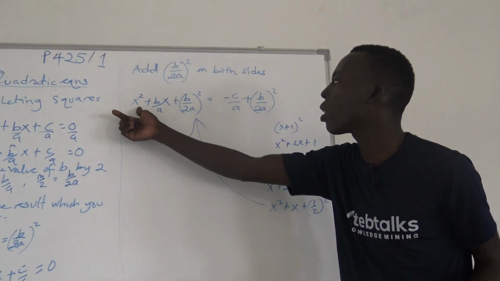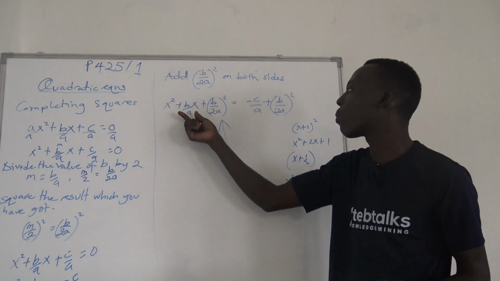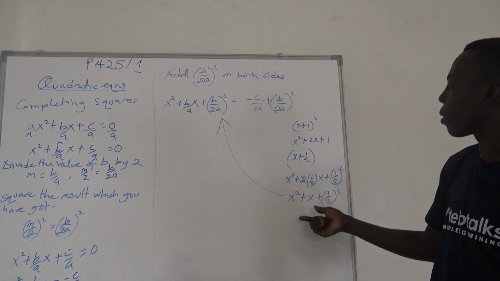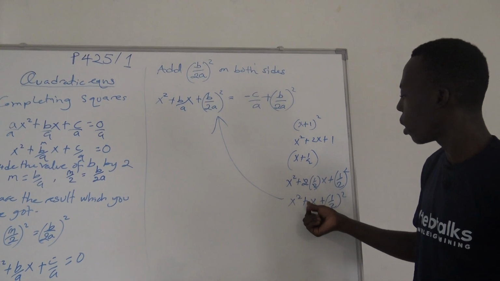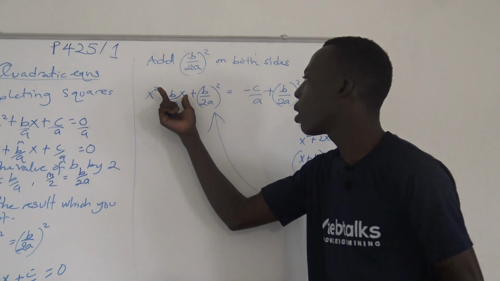So these things are the same. So we have x squared, so have here x, so here have b out of a x. So that means where there is here the invisible one, here you have b out of a x.